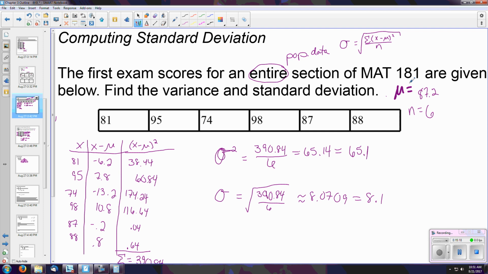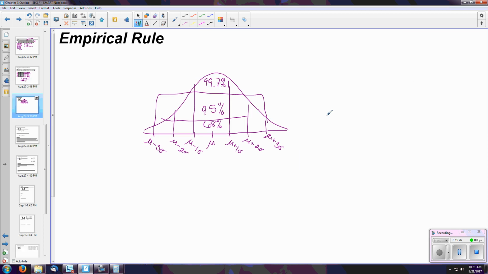We had a mean test score of 87.2 with a standard deviation of 8.1. So consider from before, mean was 87.2, standard deviation was 8.1. So if we look at that on the normal curve, the mean is in the center, so that means most people scored 87.2.